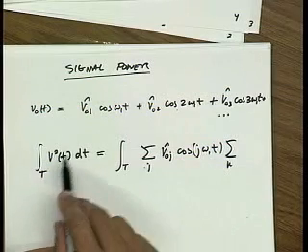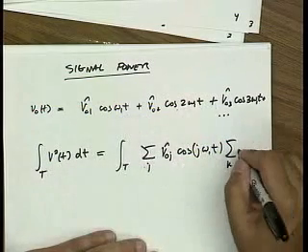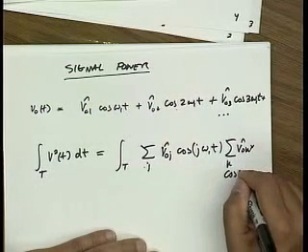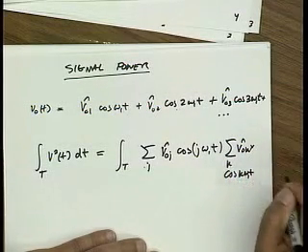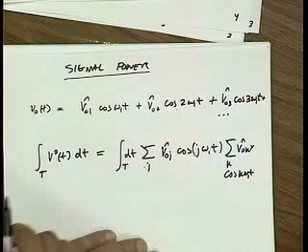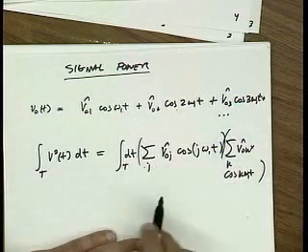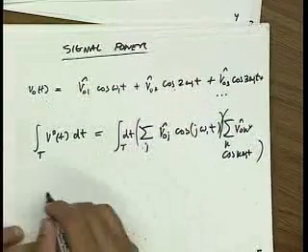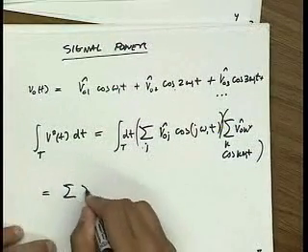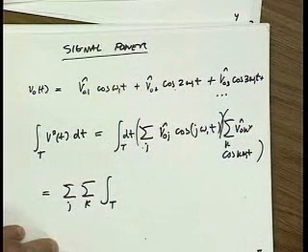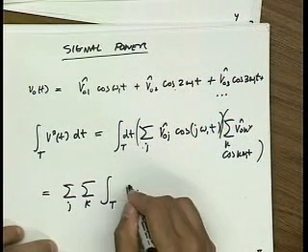So if I take v squared, I'm just going to substitute what v is here. So this is V0k times cosine k omega 1 t, dt. And I use j and k so I can distinguish them from each other. And hopefully there are no mathematicians in the room, so I can just change the order of summation and integration without upsetting anybody.